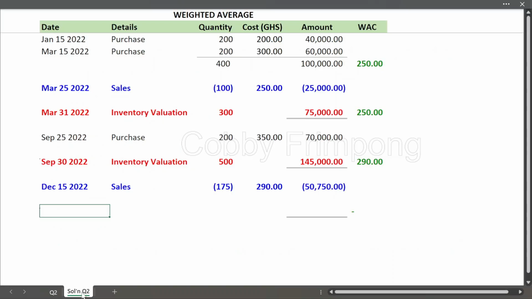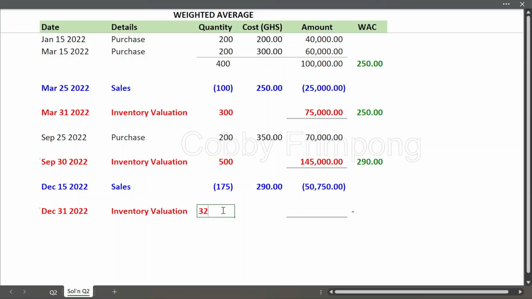We are at the year end on 31st December 2022, and we need to do an inventory valuation. From the last inventory on September 30th, we had 500 units, out of which we sold 175 units.